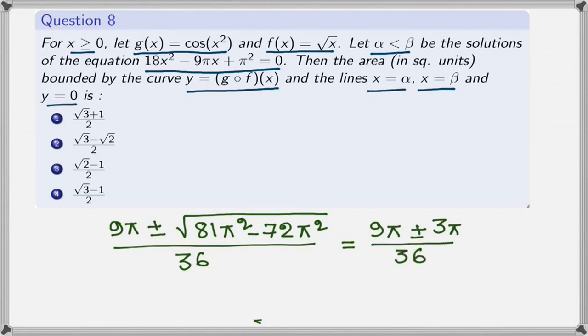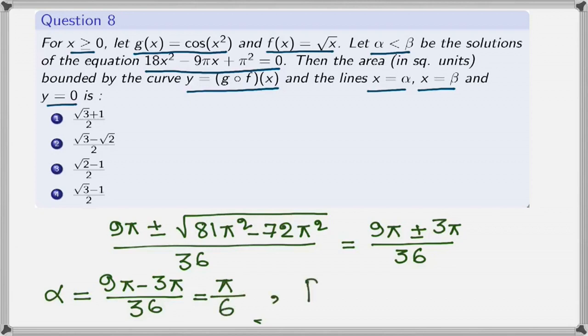Now as we know alpha is strictly less than beta, we can write alpha is equal to 9 pi minus 3 pi divided by 36, which means pi by 6, and beta is 9 pi plus 3 pi divided by 36, which means pi by 3.